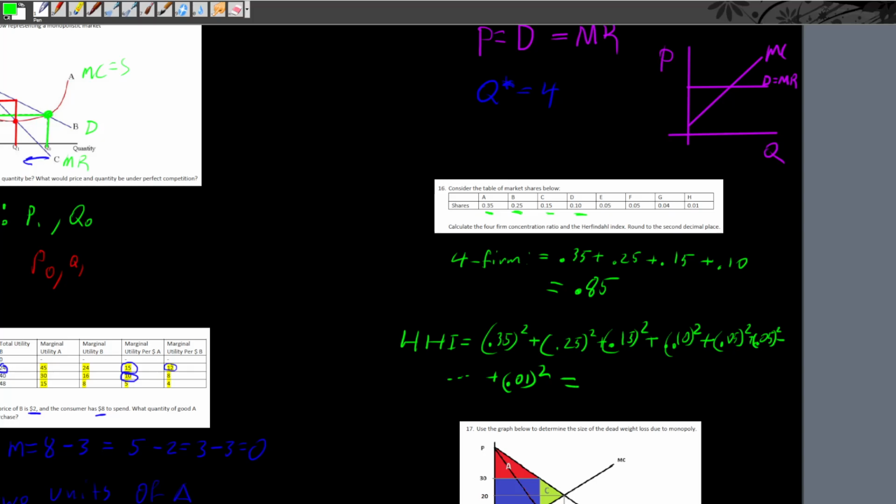At this point, on the exam, just having that set up is sufficient. But if you've got a calculator and you evaluate this out, after rounding we end up with 0.022 for the Herfindahl index.